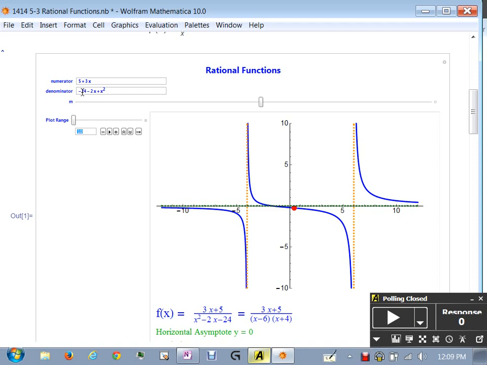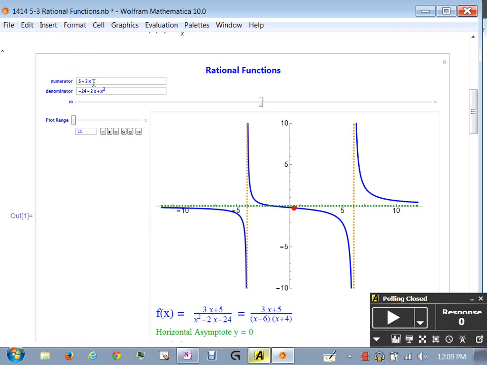Okay, so recap. Vertical barriers seem to be happening when you have the denominator 0. X-intercepts seem to be happening when your numerator is 0. This horizontal thing seems to be always the x-axis. I wonder if it's always the x-axis. I doubt it. All right, so we're just, again, looking at characteristics of these things.